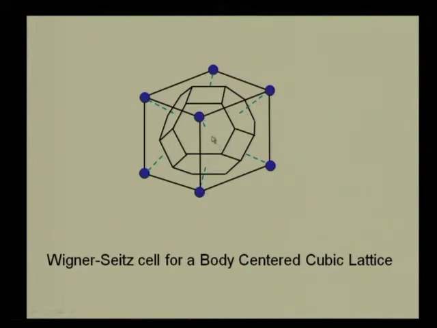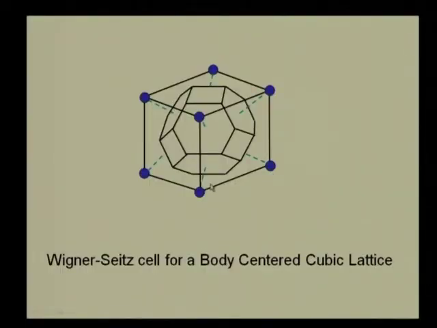So you go halfway into this structure, you will get to this body center, you go halfway into the next unit cell, you will get the next body center. Therefore this plane here bisects the line joining those 2 body centers, of which this small section here becomes the surface of the Wigner-Seitz cell with respect to this lattice point that is in the middle, okay.